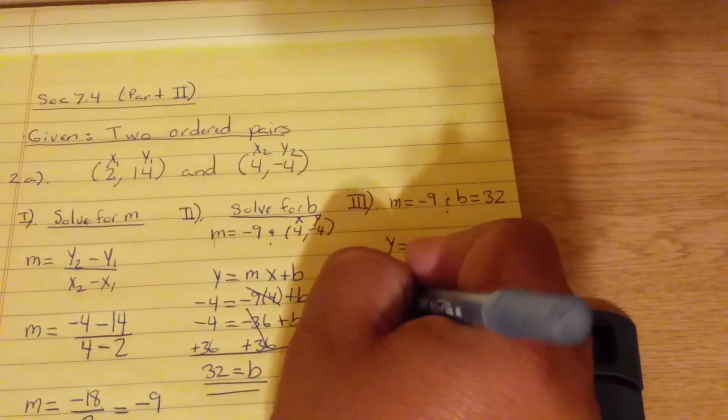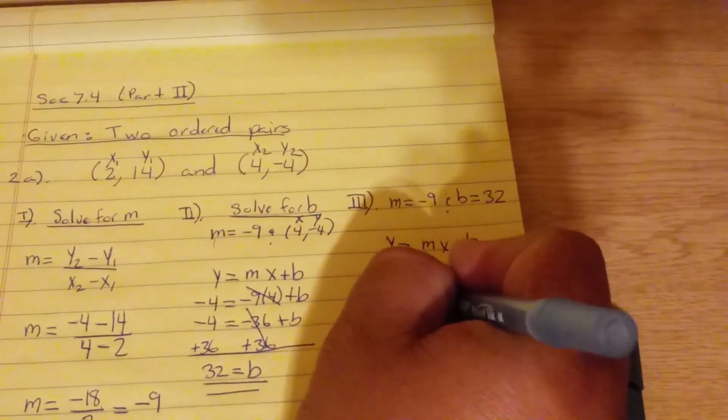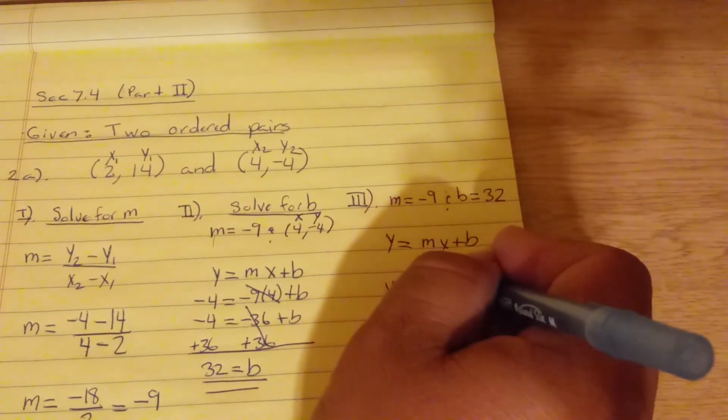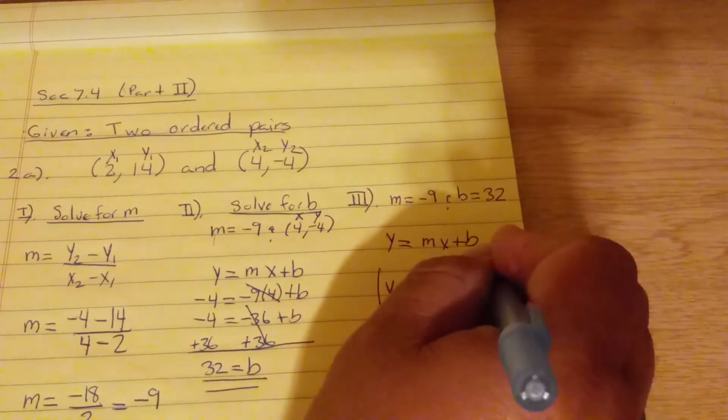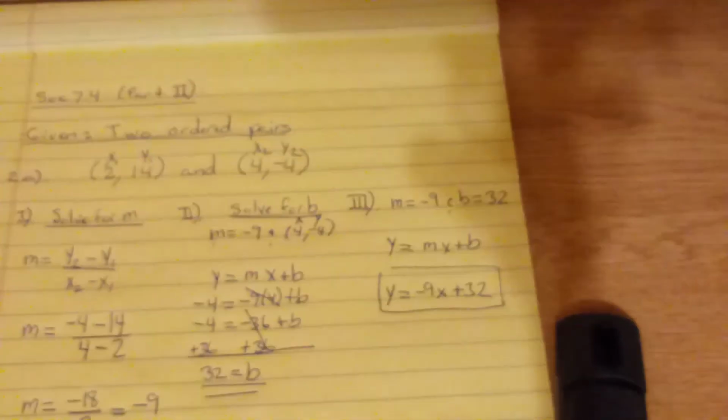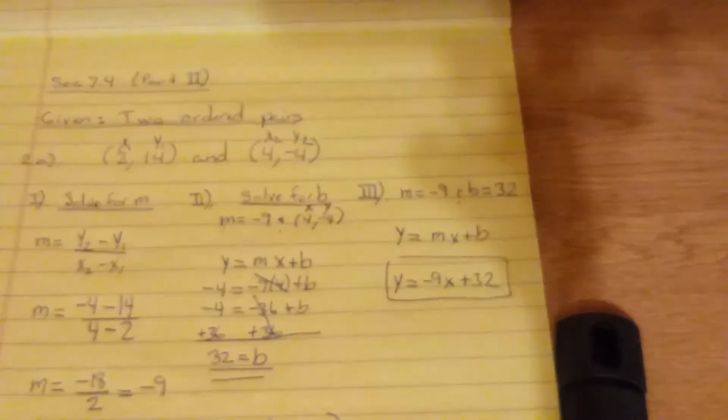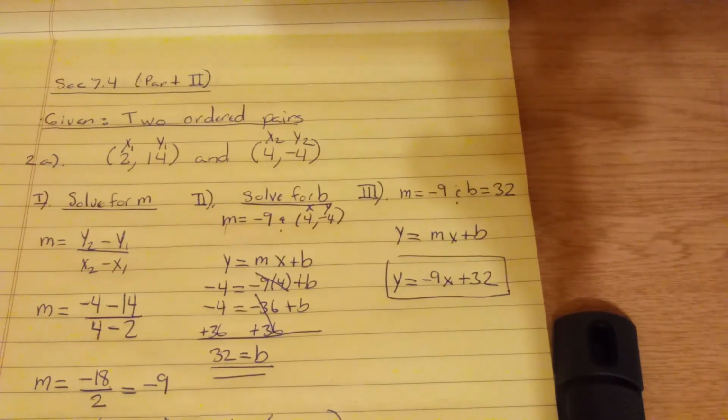So y equals negative 9x, and bring over the plus 32. And that is your equation for this one. So once again, you're just adding more things to what we already did from our previous knowledge from part 1.